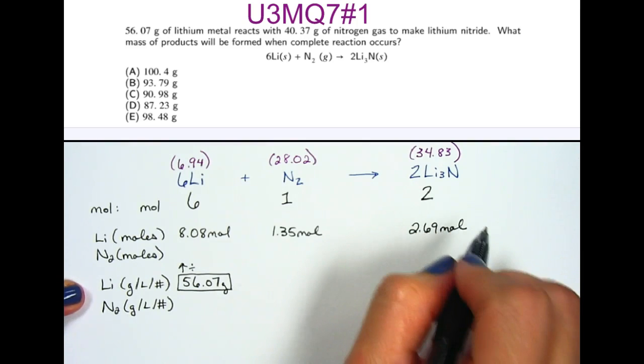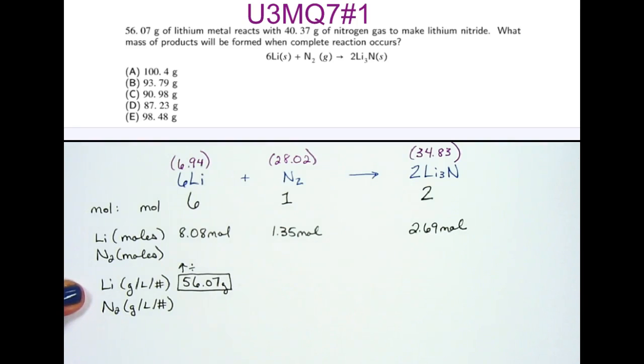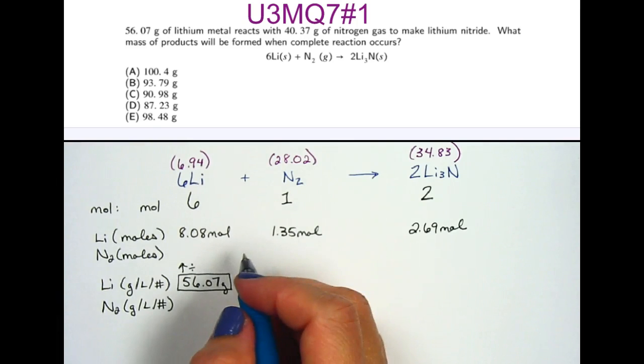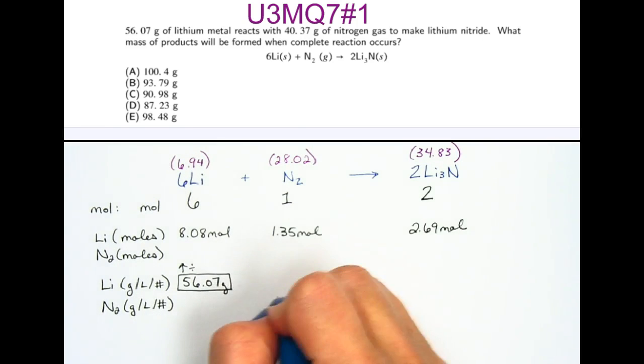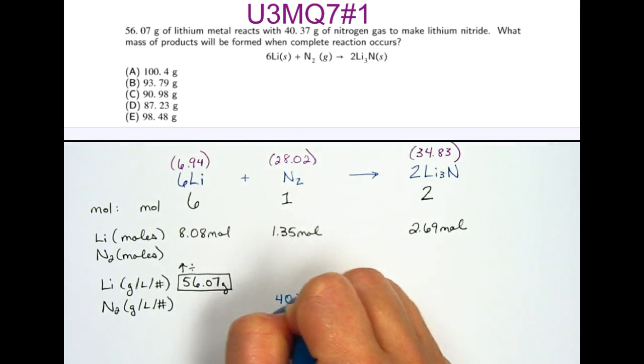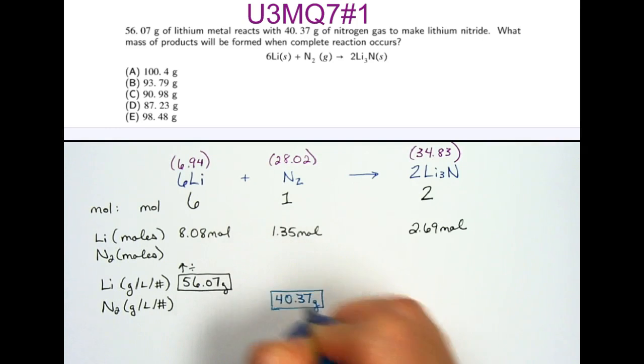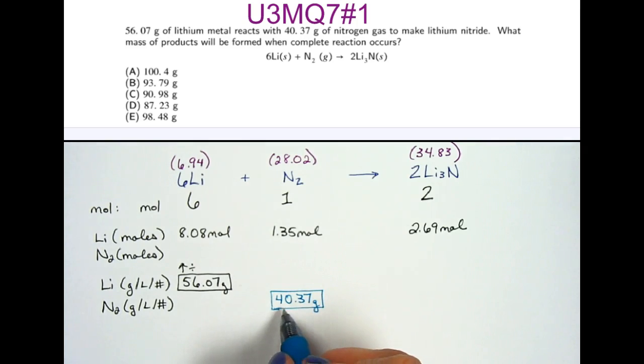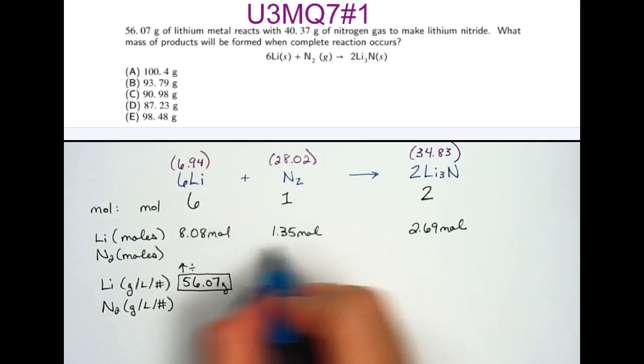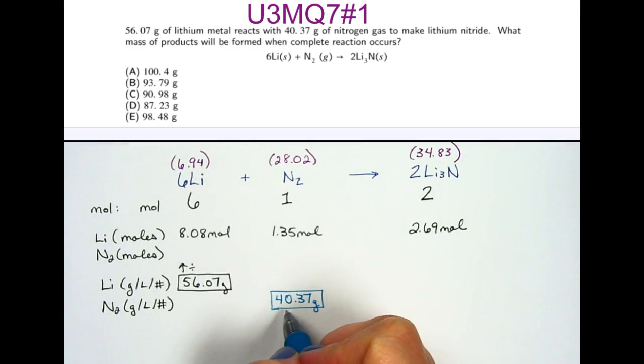Now I'm going to just take a pause for a moment and go ahead now and do my calculation based on nitrogen. We are given 40.37 grams of nitrogen. I'm going to box it because that was my given amount. And so now everything that I write here and here is based on this value for nitrogen.